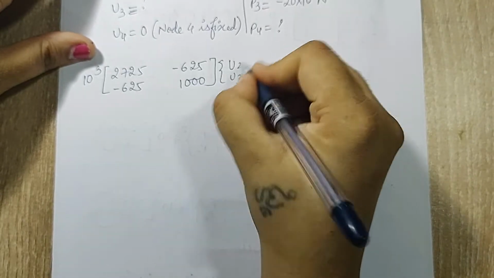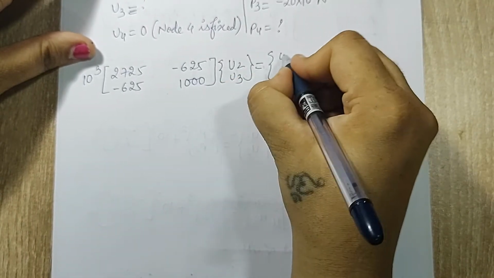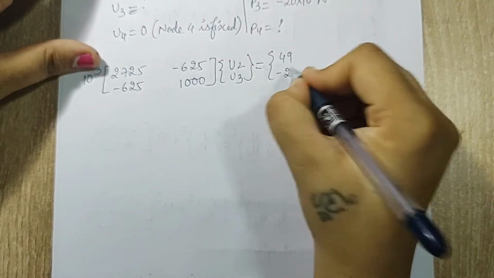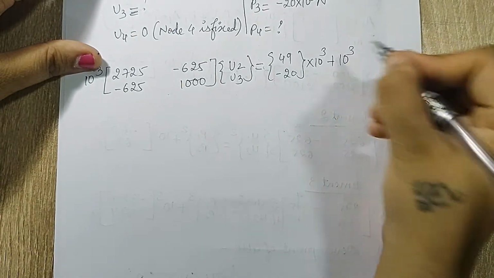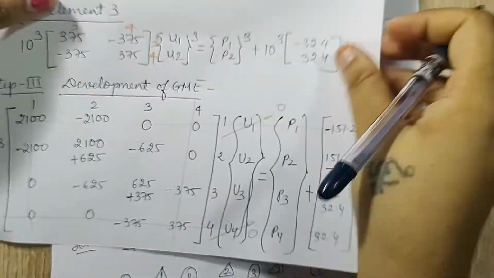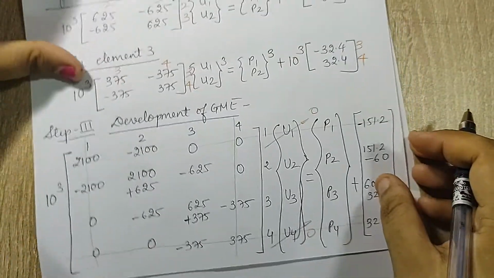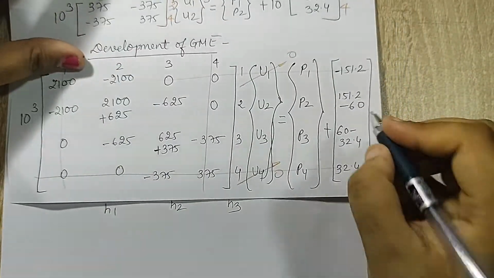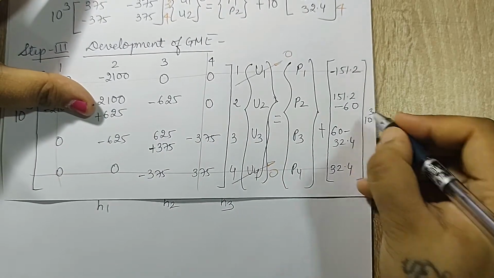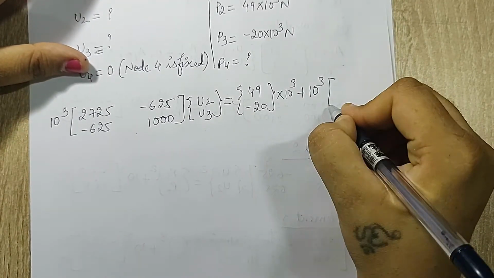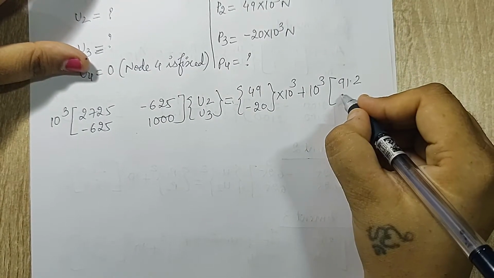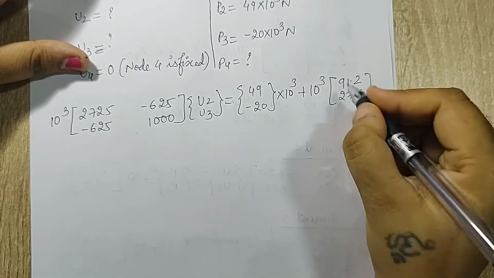U2, U3 is equal to 49 and minus 20 into 10 raised to 3 plus 10 raised to 3 is common here. Okay, here I forgot to write there's a 10 raised to 3 common, so please write that down. When I have a 10 raised to 3 common, I get 91.2 and 27.6 as the remaining two values.